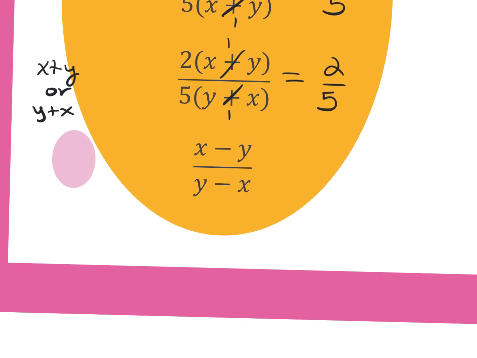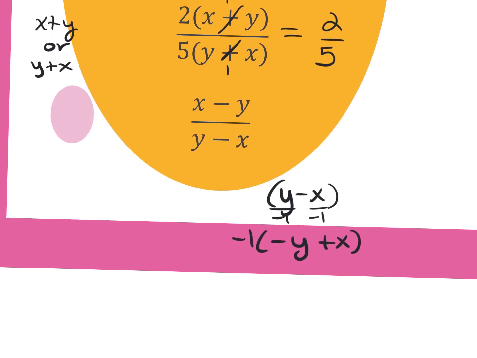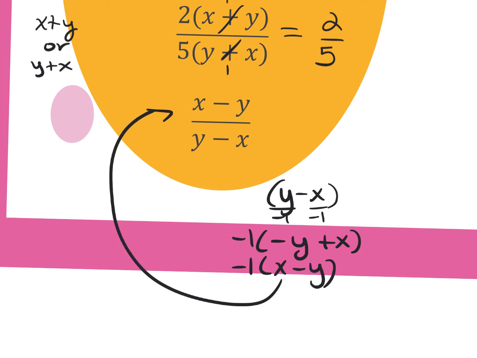So out of the denominator, y minus x, and I could do this to the numerator as well, I'm going to factor out a GCF of -1. So I'm going to divide this one by -1 and this one. And then I'm left with -y plus x. And then if I flip it around, it looks just like what I have in the numerator.